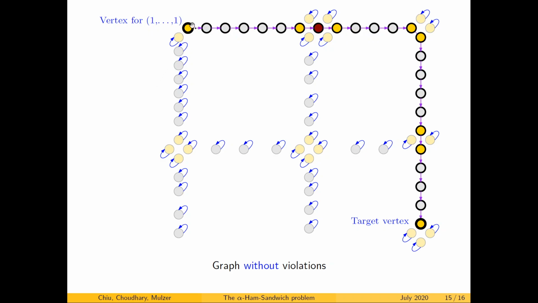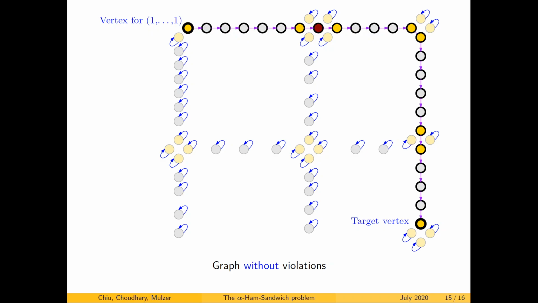So we have a starting vertex, and then we can walk along one direction, increasing the alpha vector for one color until we reach the target. Then we increase the alpha vector for the second color until we reach its target, and so on until we reach the target vertex. All other vertices are self-isolated.